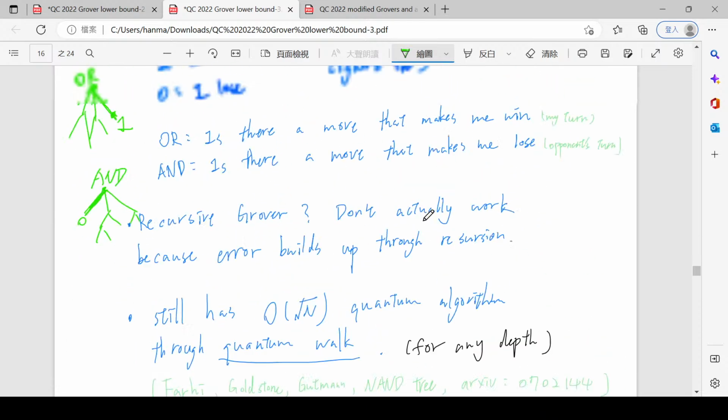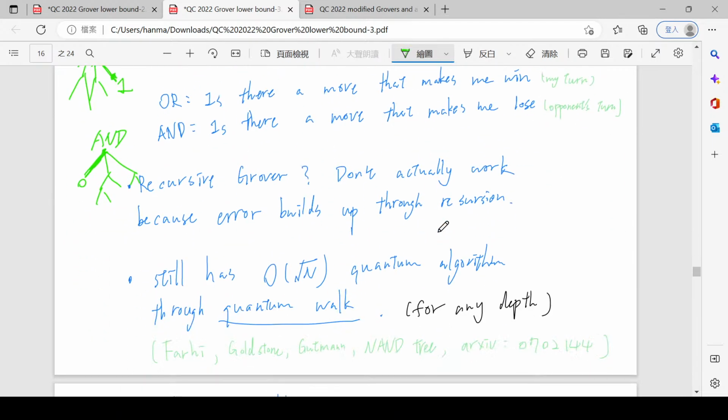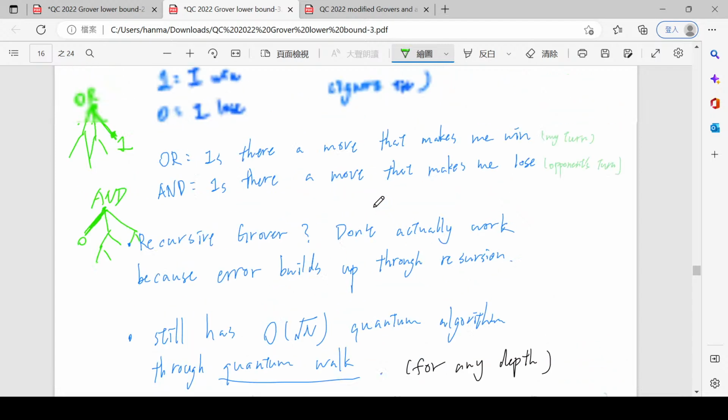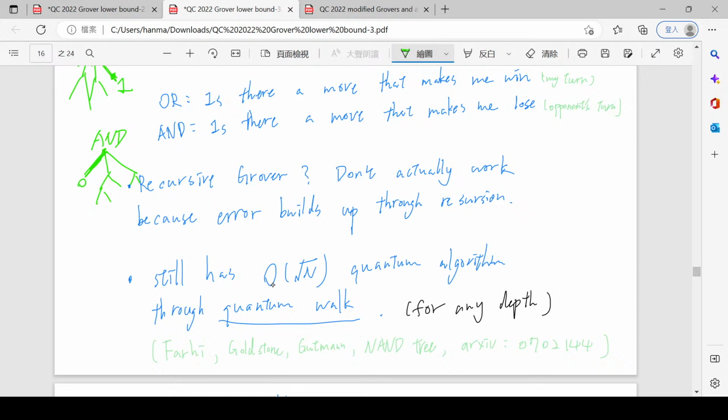That's really annoying, but it's still possible to do a Grover-like quantum algorithm to solve this AND-OR tree with order square root N queries, and I believe also time. But we will not describe this in detail.